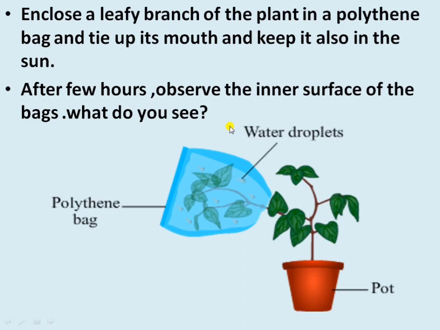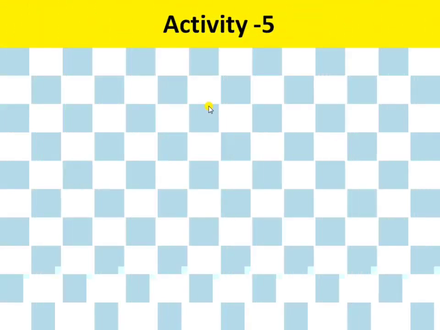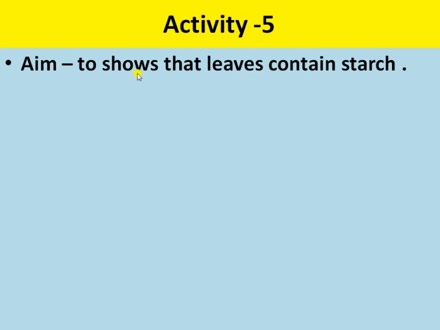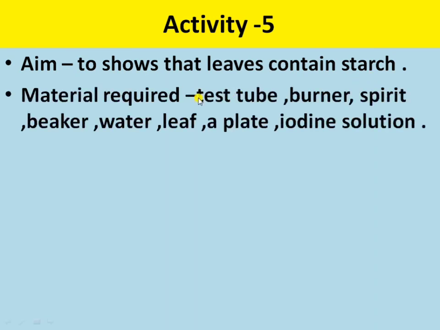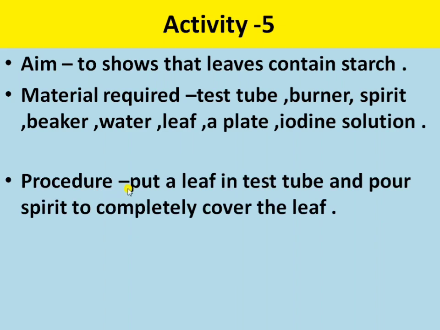Moving on, the fifth activity aims to show that leaves contain starch. The material required to perform this activity is a test tube, burner, spirit, beaker, water, leaf, a plate and iodine solution. The procedure is, put a leaf in a test tube and pour the spirit to completely cover the leaf.